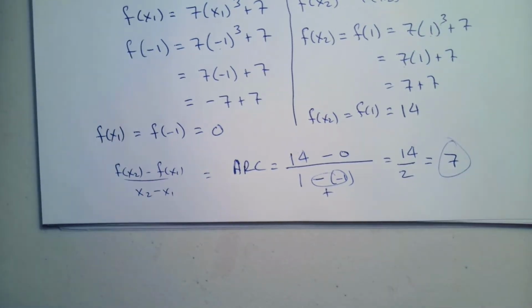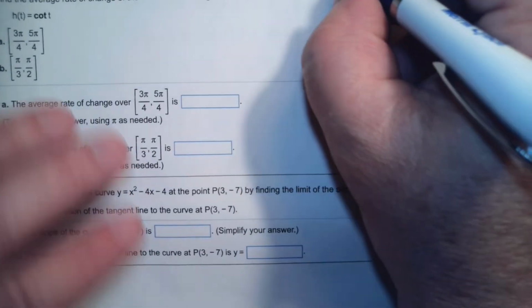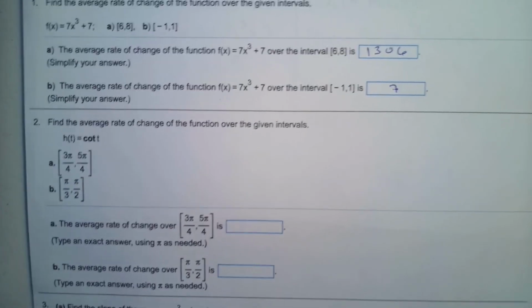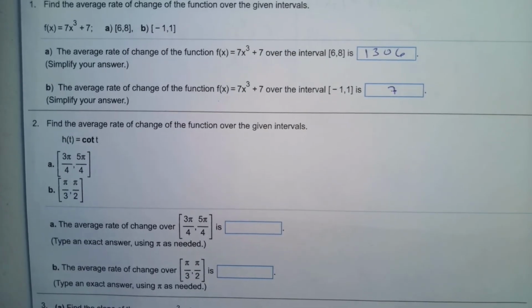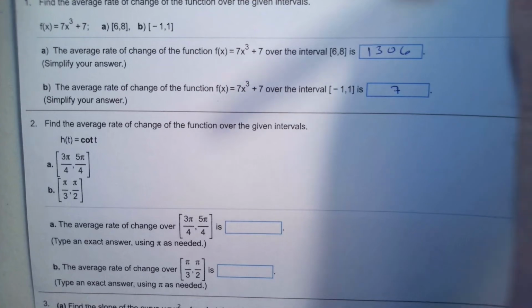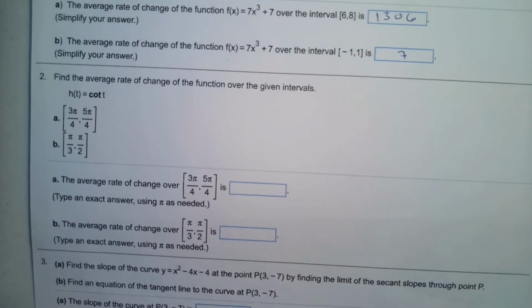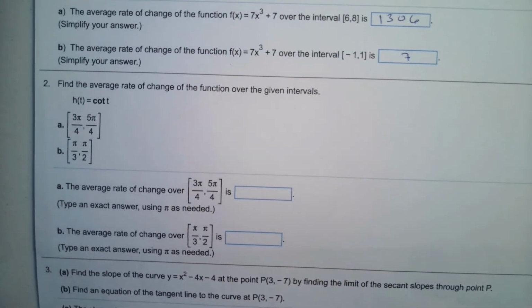So the average rate of change is 7. All right. That's the first one.